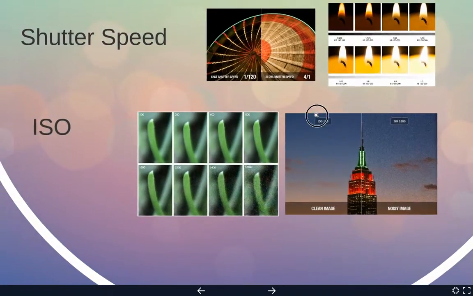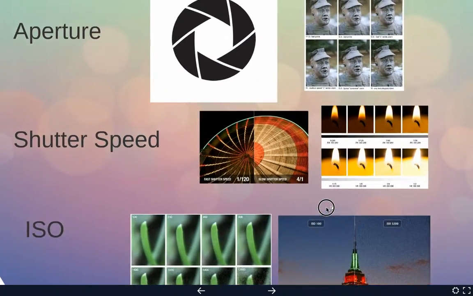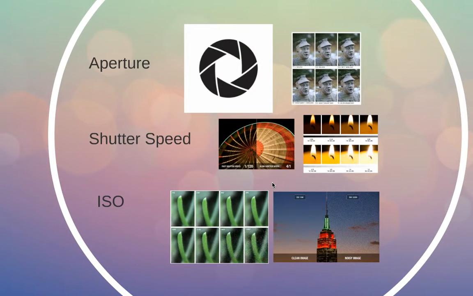And again, these three things work in tandem. So say I'm in a dark theater trying to take a picture of a play. Well, the lowest aperture I can go to is 1.8. So I open my camera up as wide as possible. But I need to capture people moving in this play. Well, my shutter speed, I know that if I go to like 1 or 2 seconds, these people are going to be moving in that 1 or 2 seconds, and they're going to be blurry.